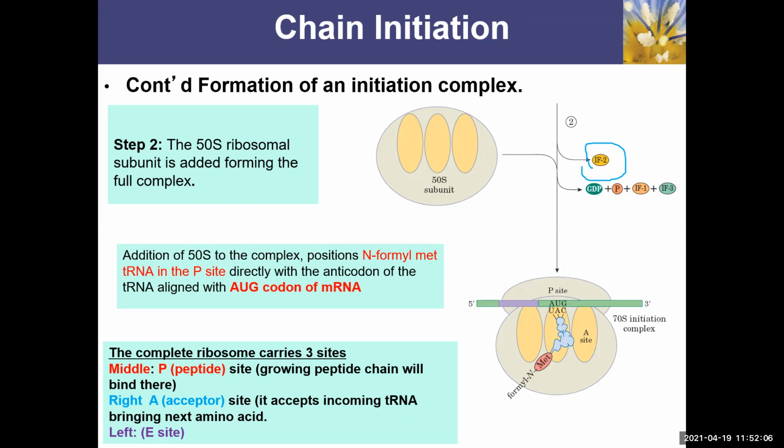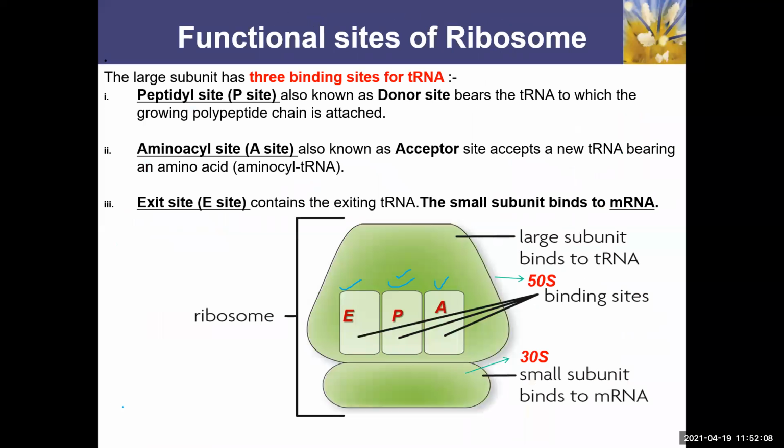So then we discussed what the three sites in the larger subunit of the ribosome are. We have the exit site, we have the peptidyl site, or the P site, and we have the A site, or the aminoacyl site. Okay, and you know that the first charged tRNA will always sit where? In the peptidyl site. The rest will all come into the A site, right?